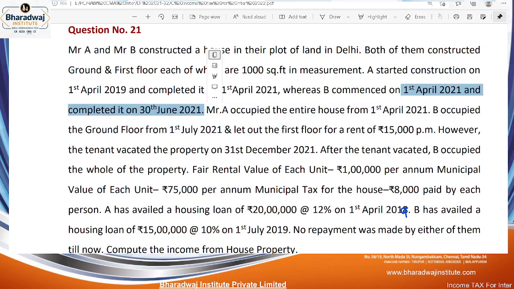June 30th the construction is complete, but we can take only up to 31st March prior to the completion of construction. So, no pre-construction period for B.